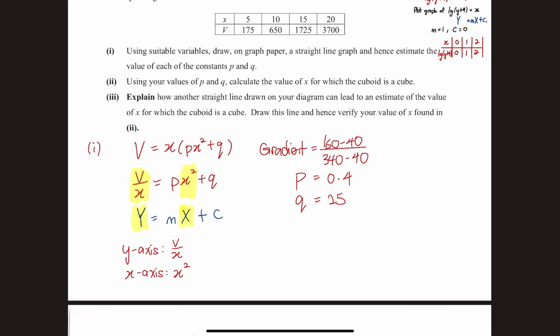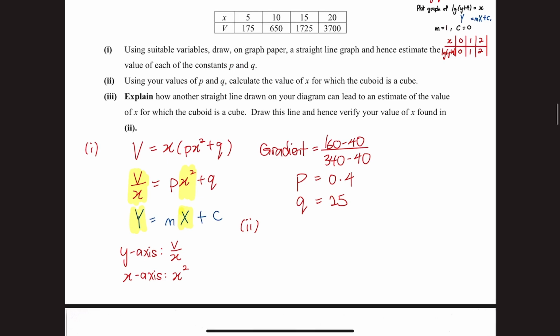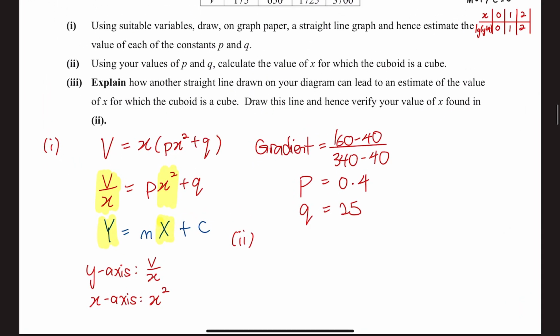Then the next part, okay, explain using our values of p and q. So now based on my part 1 here, okay, I know that v, I sub in the values. Over here, v is equal to x times 0.4x squared plus 25. Okay. Now, calculate the values for x for which the cuboid is a cube.